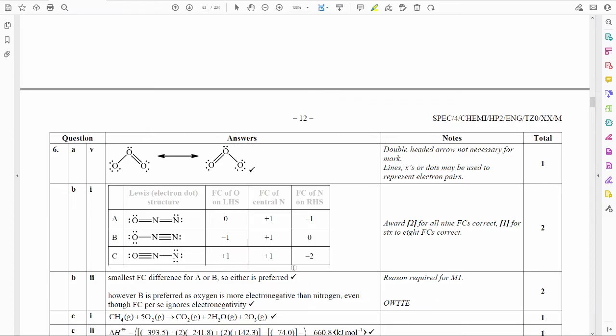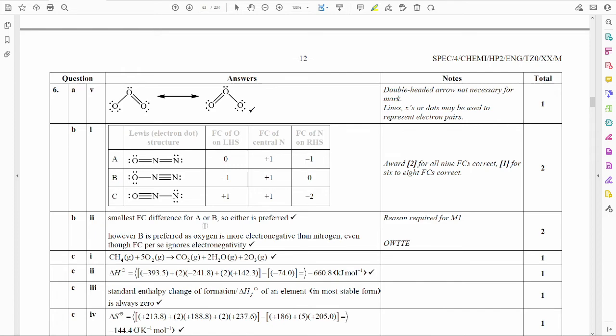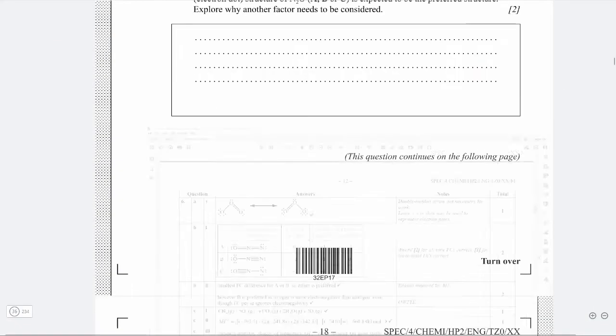So probably B. Smallest difference for A and B, so either is preferred actually. Oh, but B is preferred as oxygen is more electronegative. Yeah, so you have to use both arguments to get the 2 marks.